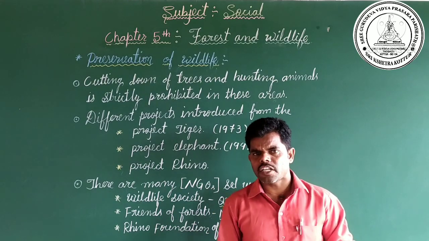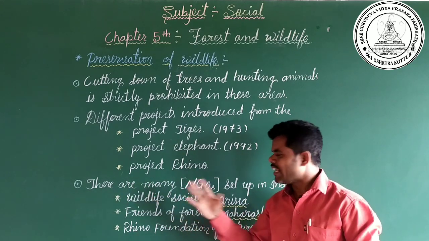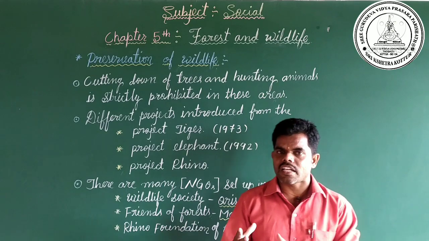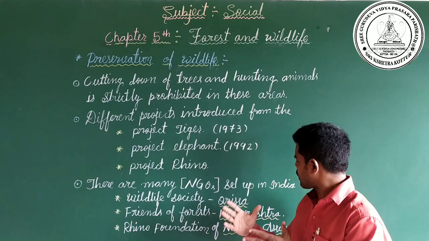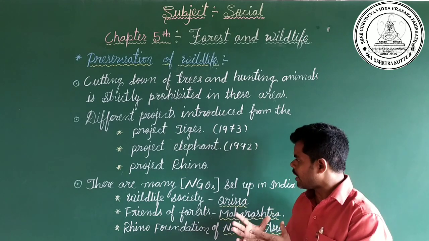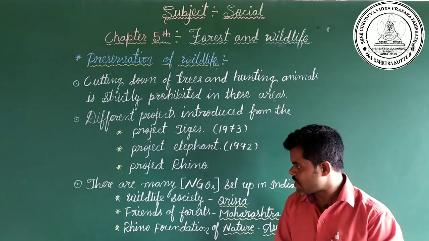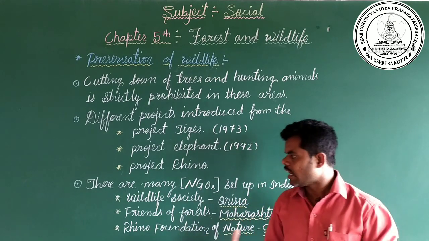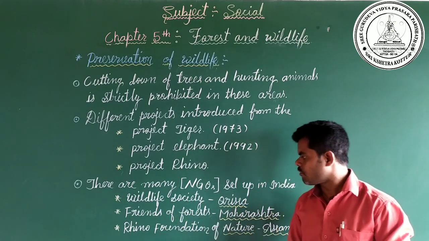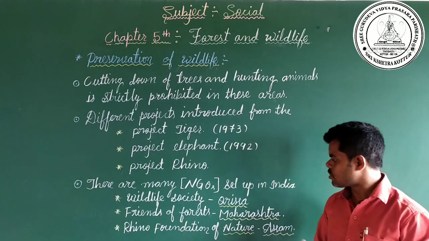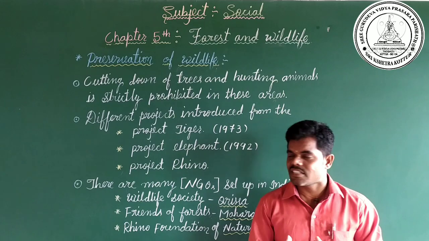The next important point is that there are many NGOs. NGOs means non-government organizations. Under non-government organizations, India has set up some important projects. For example, the first one is wildlife sanctuaries in Orissa state, next Friends of Forests in Maharashtra state, and Rhino Foundation of Nature in Assam state.